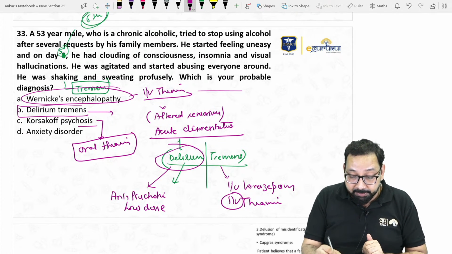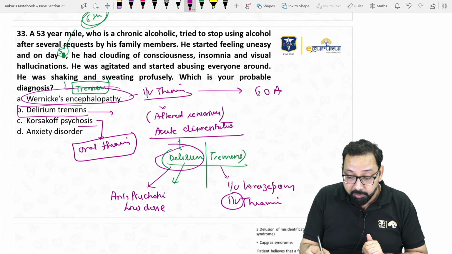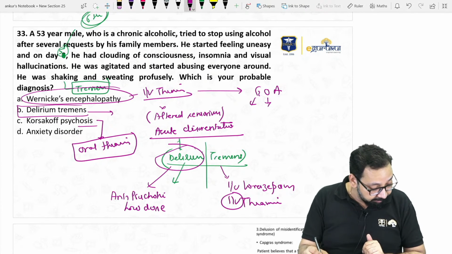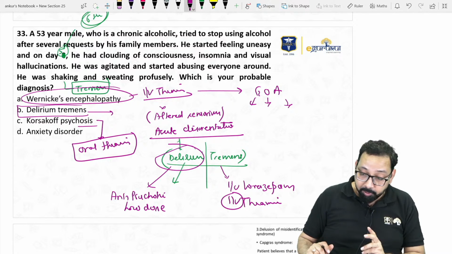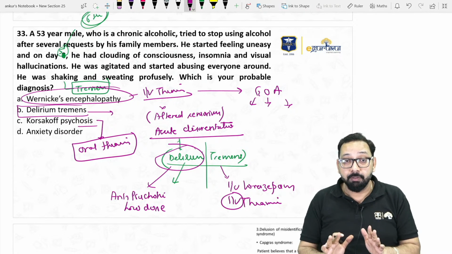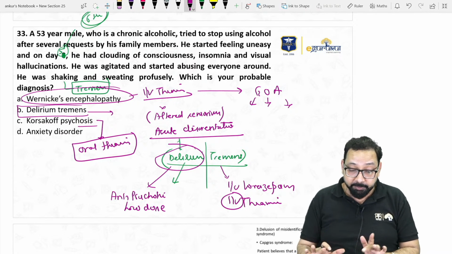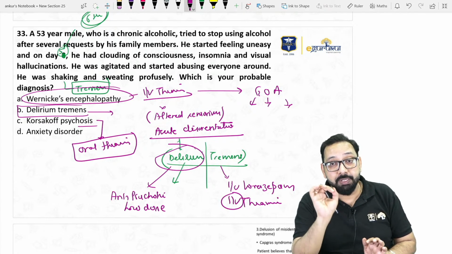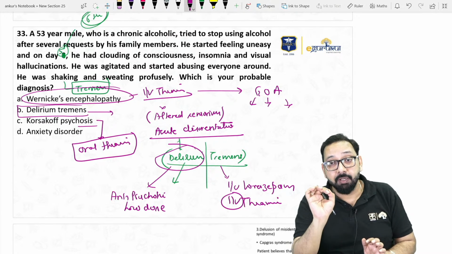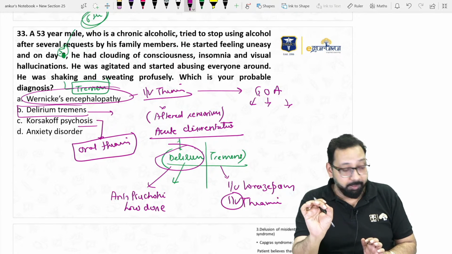What is Wernicke's encephalopathy? GOA: Global confusion, ophthalmoplegia, ataxia. Okay, clear? So whenever you find that an alcohol related disorder is there, always and always add thiamine in the treatment. Clear?